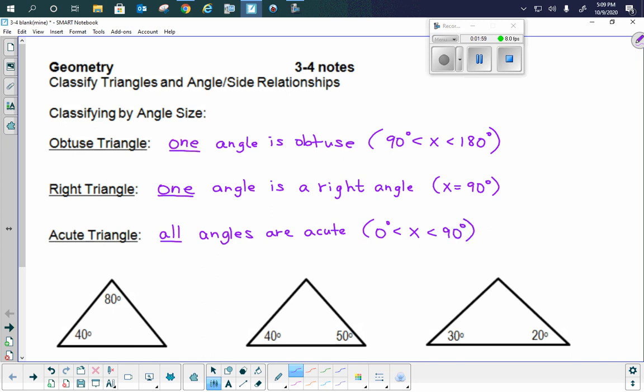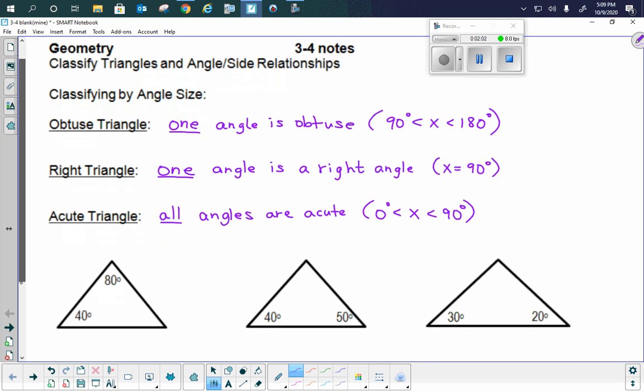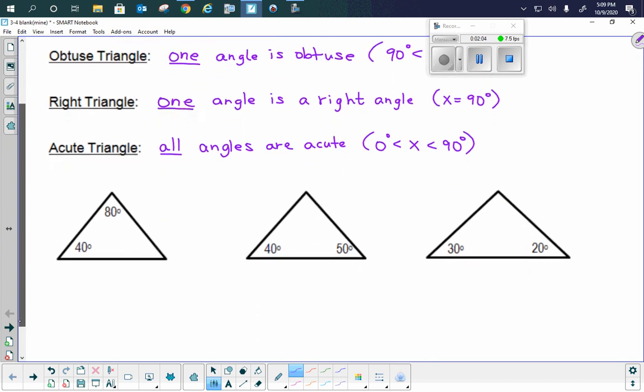Okay. All right, so let's say we were given these three triangles and the directions just said, classify them. In other words, tell me what they are: obtuse, right, or acute. Well, the first thing I should see for work in your picture is, anytime you're given 2 out of 3 angles in a triangle, I hope your first instinct is to either get on your calculator or the side of your scratch paper and find that other angle. So here I've got 40 plus 80, and I know that in a triangle, those 3 angles add up to 180.